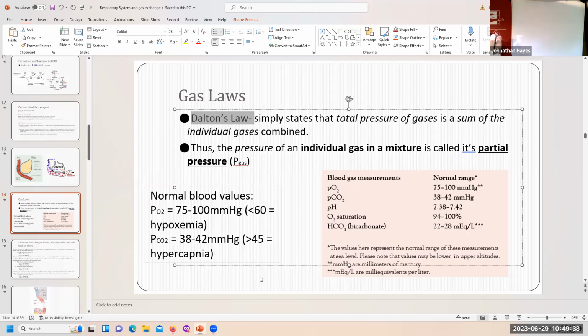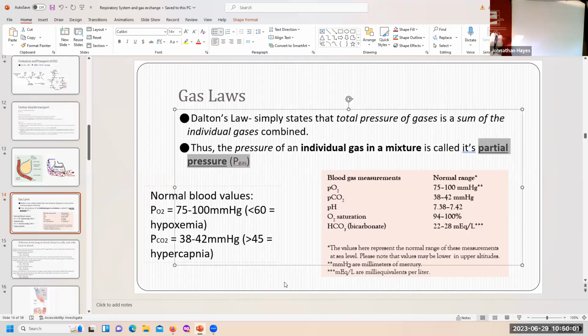It's so dumb it doesn't deserve a law. But Dalton coined it, so he gets to take advantage of it. I'm going to come up with a stupid law called Hayes's principle. But Dalton's law just says total pressure of gases is summing up all the little gases together. So they end up being called partial pressures, like each is contributing to the total.